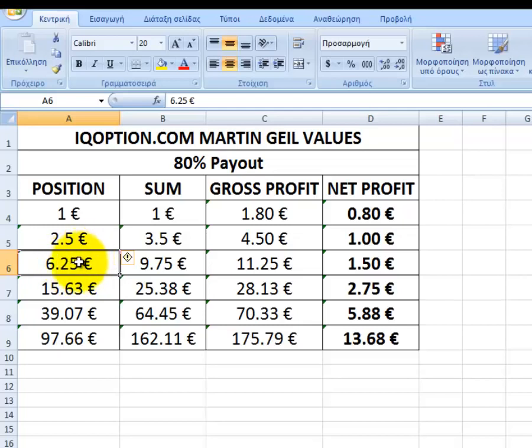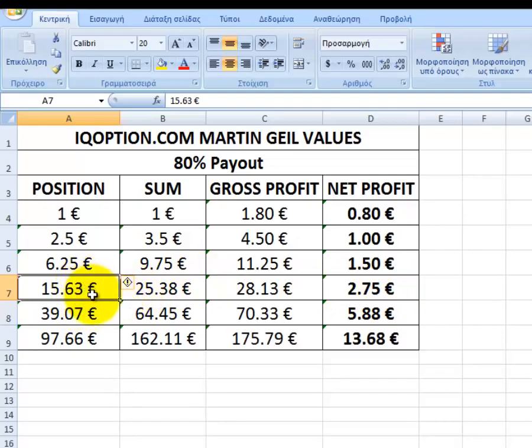If we lose the third position, then we will open a fourth position multiplying the €6.25 investment by 2.5 equals €15.63. Let us assume that we win the fourth position. Then our overall investment is €25.38 and our gross profit is €28.13, so our net profit is €2.75.